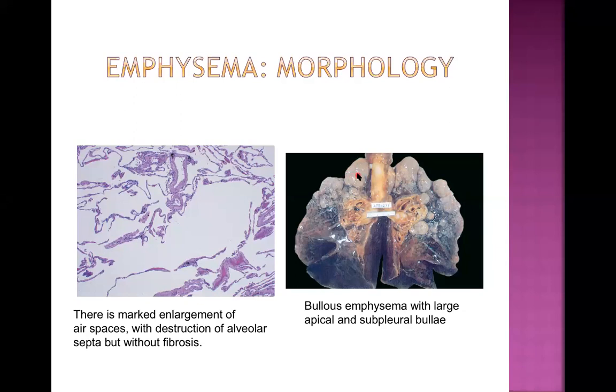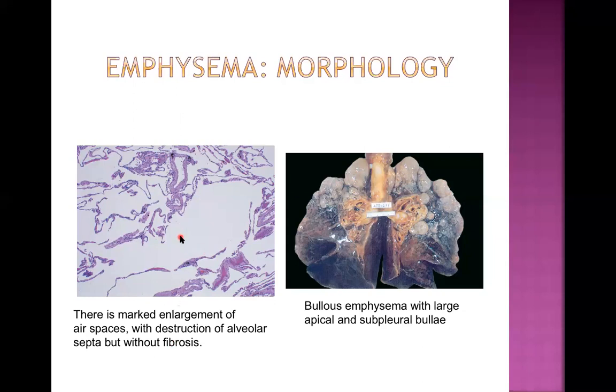In the pathology exam, not only in my exam, wherever you go, this type of picture may be shown to you, and they ask what type of emphysema this is, or what type of disease this is. Now you see it very carefully. Use your knowledge and answer this. This is centriacinar emphysema. Now this is a microscopic appearance.